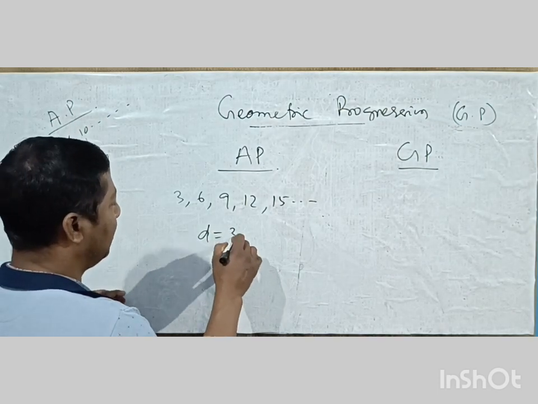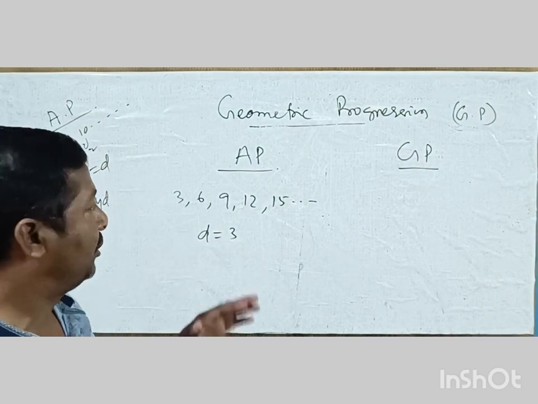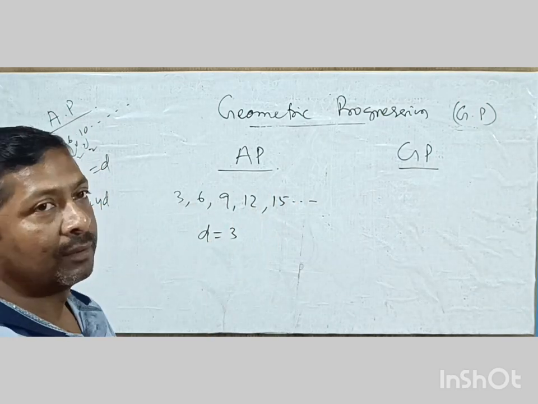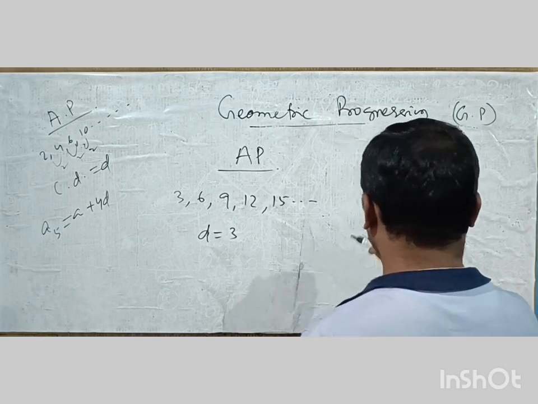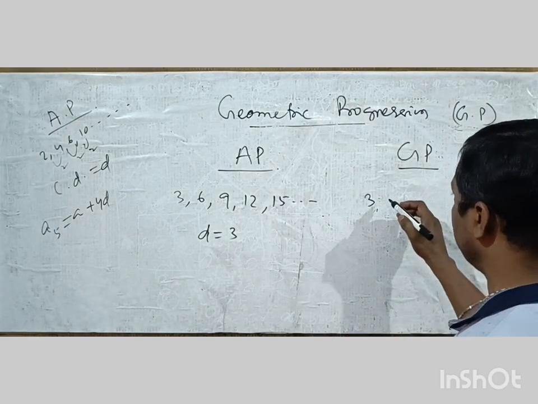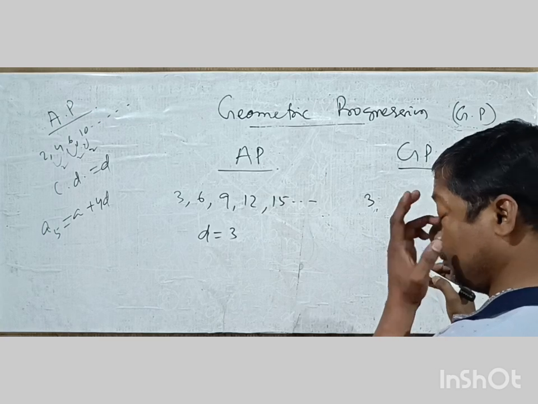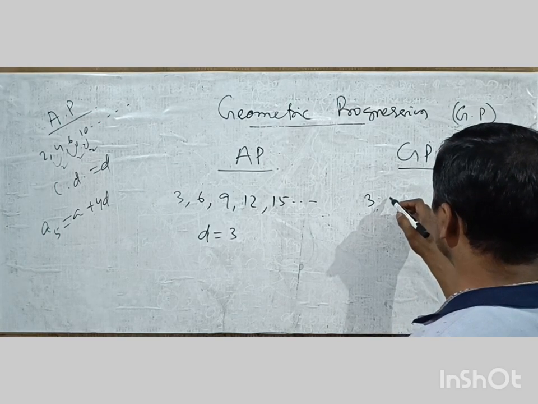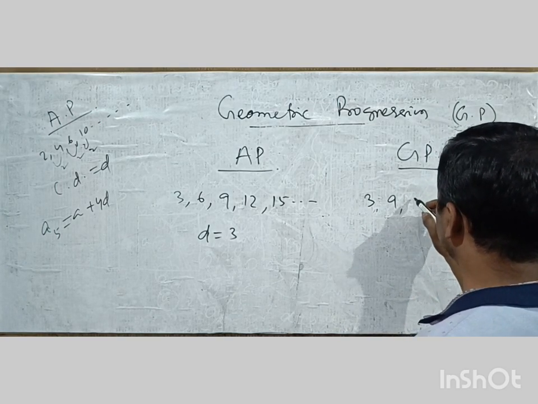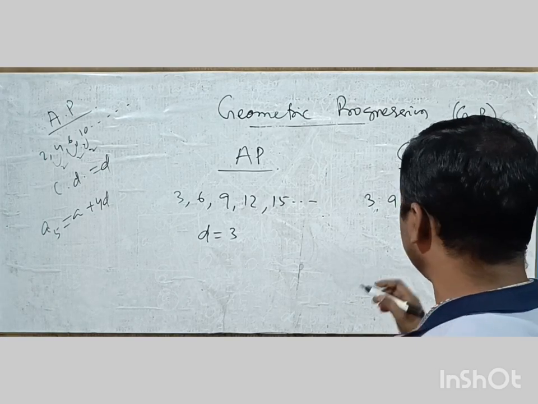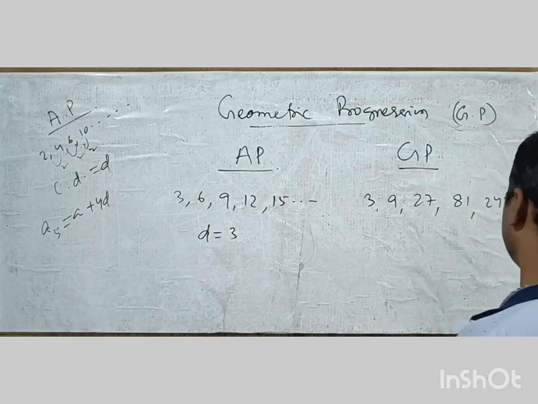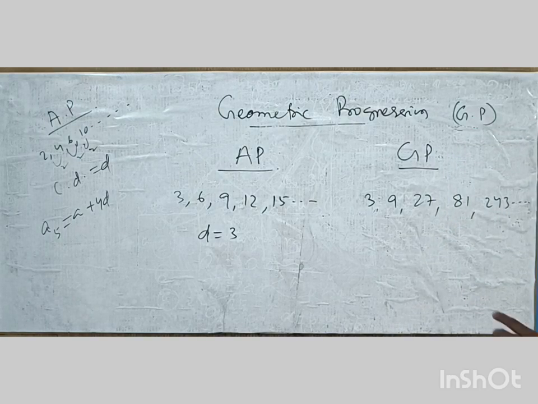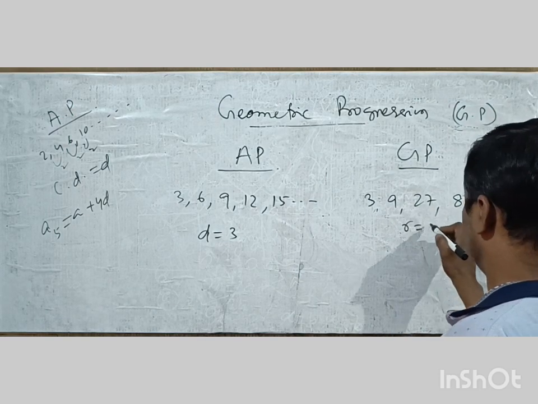So here D is 3. So each term is increased by 3 to the next term. But here, if I take the same first term 3, then it will be 3, 3 times 3 is 9, 9 times 3 is 27, 27 times 3 is 81, 81 times 3 is 243, like this. Here R is 3.